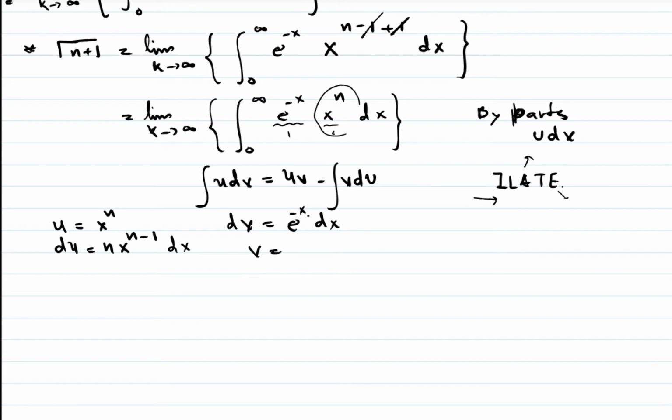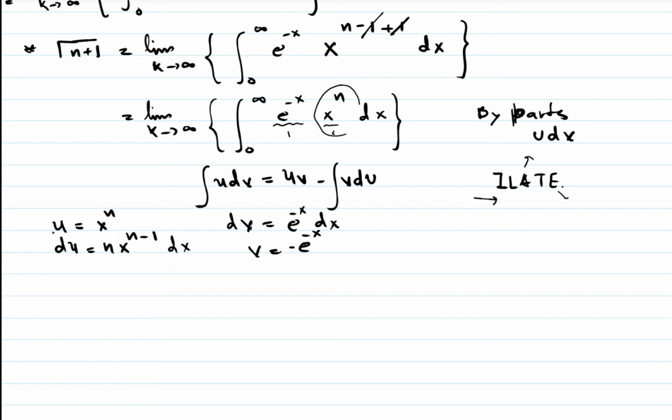Integration of this is basically taking the constant multiplying the variable and dividing by it, and keeping the same expression. So this is e raised to minus x divided by minus 1, which is the same as minus e raised to minus x. Because this is the integration, we don't have to put dx.